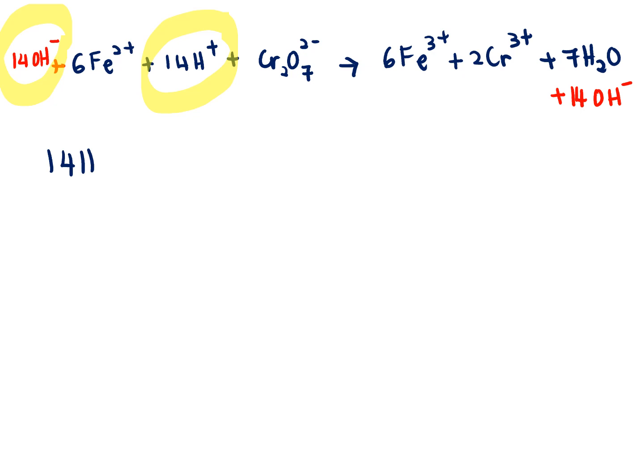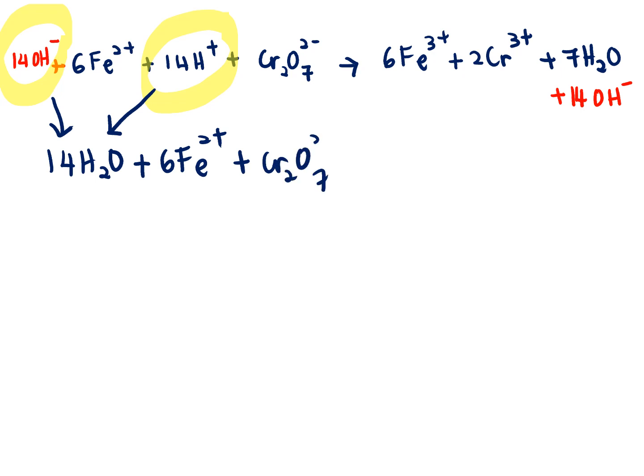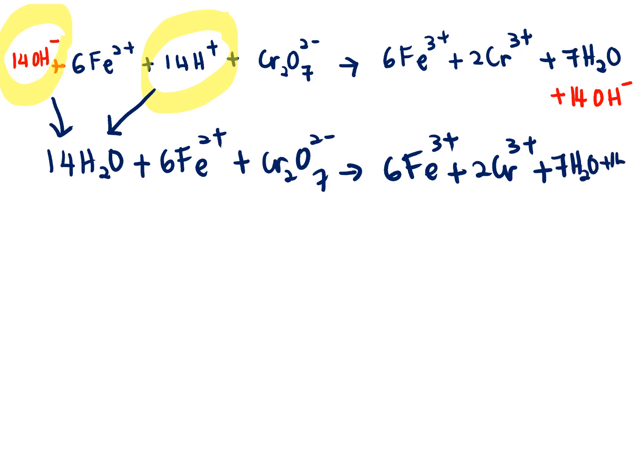Betul. So, we get 14 H2O plus 6 Fe2+ plus Cr2O7 2- produce 6 mole of Fe3+, 2 mole of Cr3+, 7 mole of H2O plus 14 mole of OH-. Okay? Okay, next.